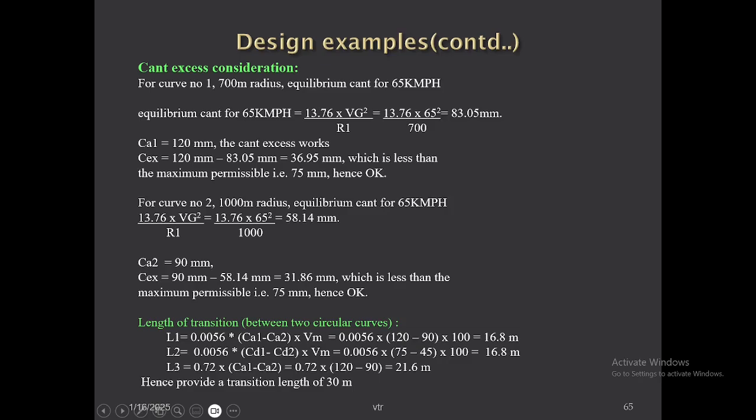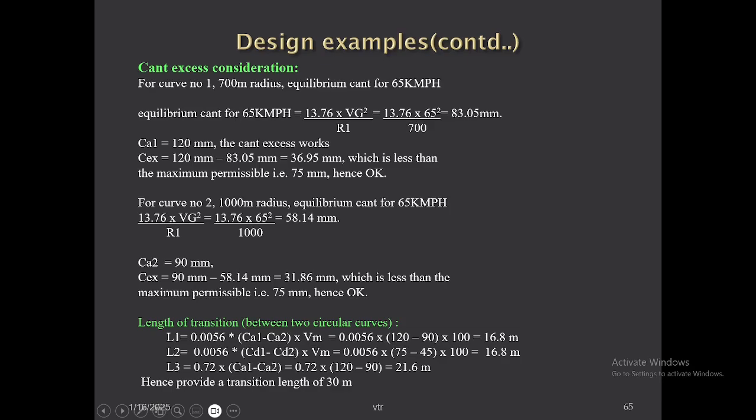Then the cant excess actually experienced in the second curve will be 90 mm minus the equilibrium cant required for the goods train, 58.14. So we get a net 31.86 mm. That will be the actual cant excess experienced by the train in the second curve, which is less than 70 mm, means okay. So here also the 90 mm we decided for curve number 2 was good.